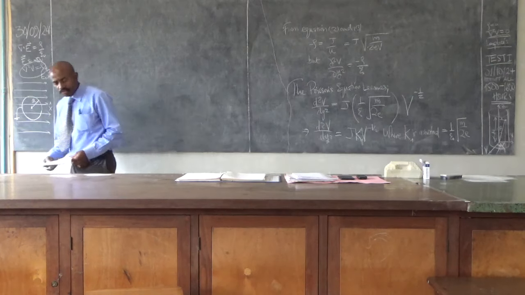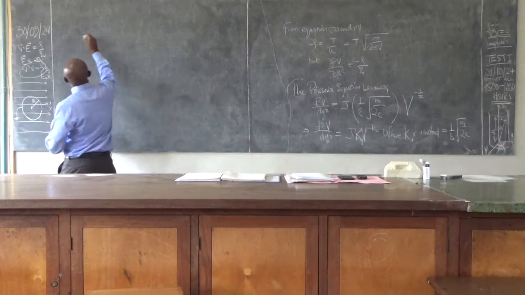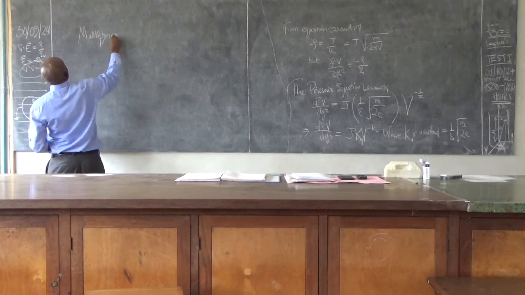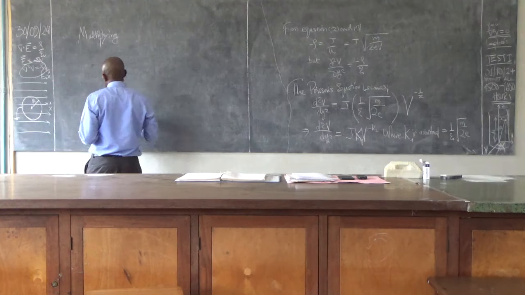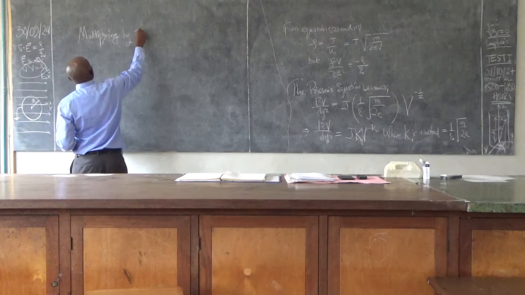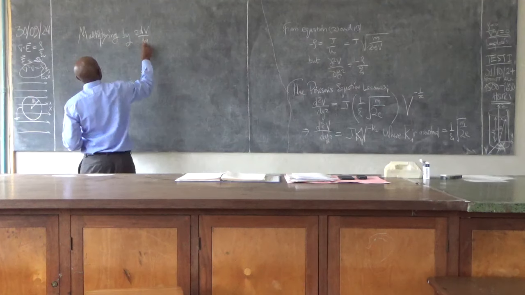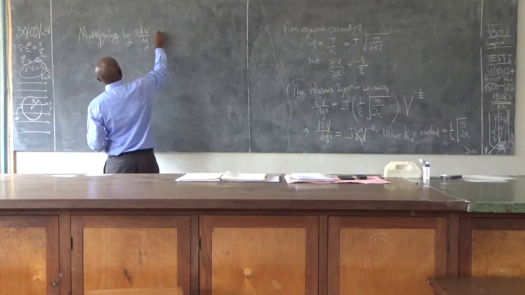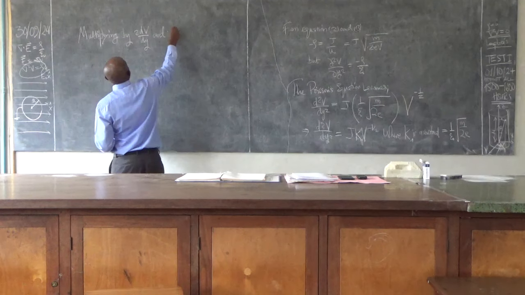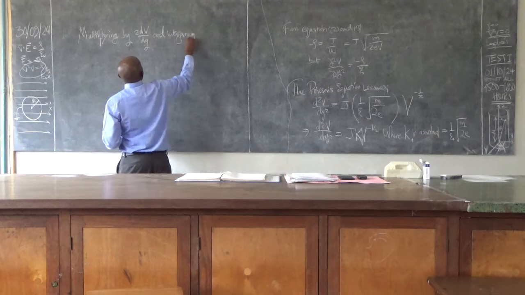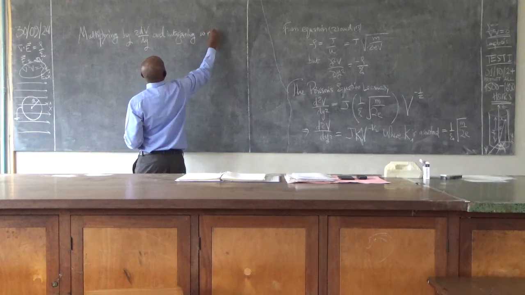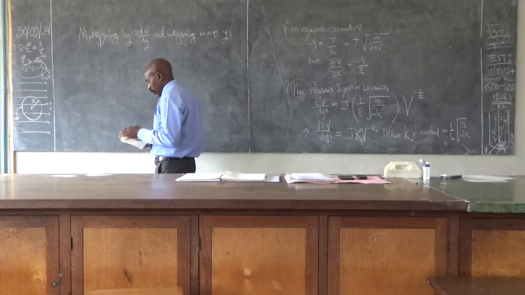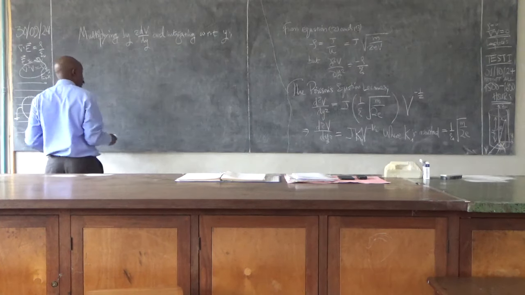For selfish reasons, if we multiply both sides by 2 dV dy, and then integrate with respect to y, then we will have changed nothing.